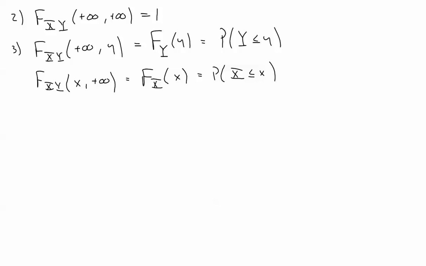Fourth property is sort of really a combination of the first property and the second property, is that my joint cumulative distribution function always lies between 0 and 1, just like marginal cumulative distribution functions.